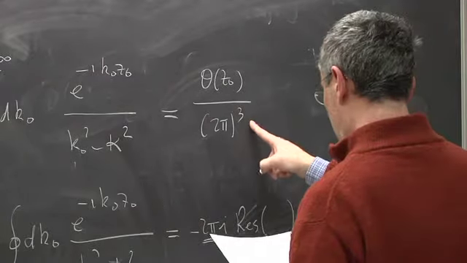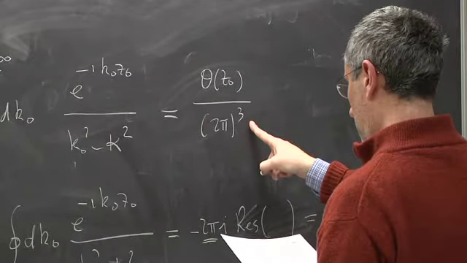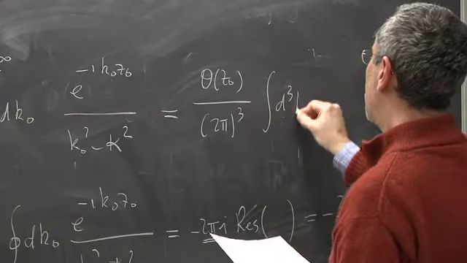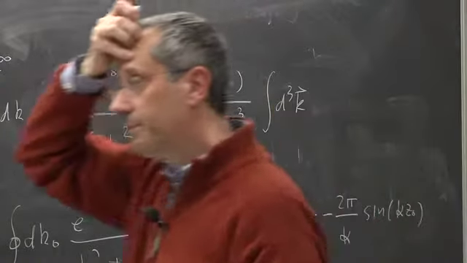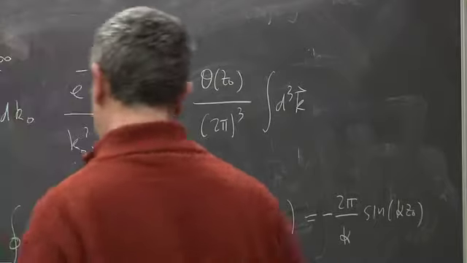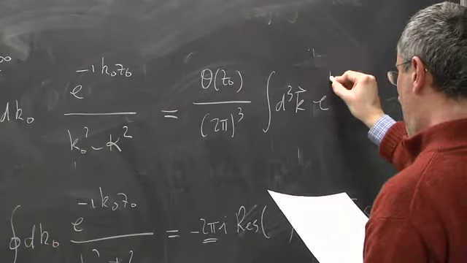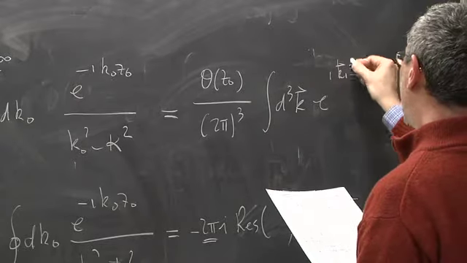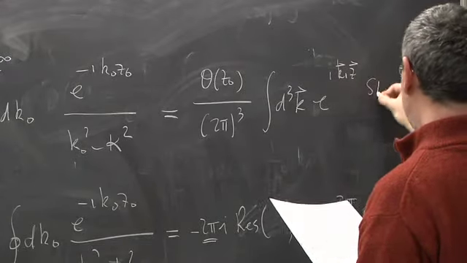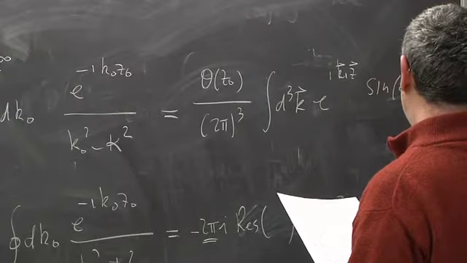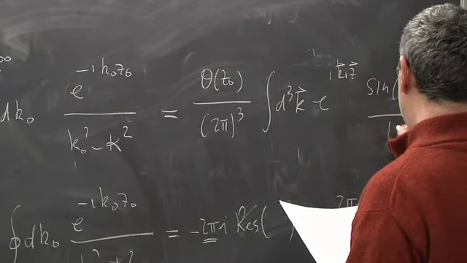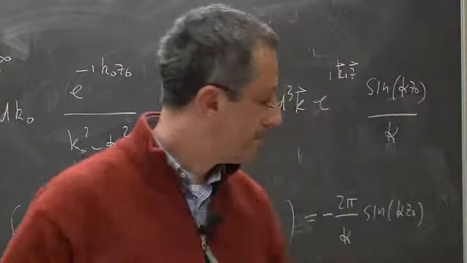So here I finally get the integral over d3k, the vector part, that I still have to do, of e to the ik z, now three-dimensional, times this sine of kappa z naught over kappa. Very good.